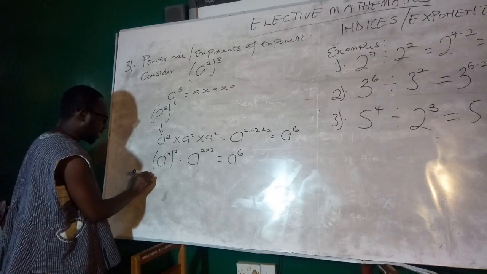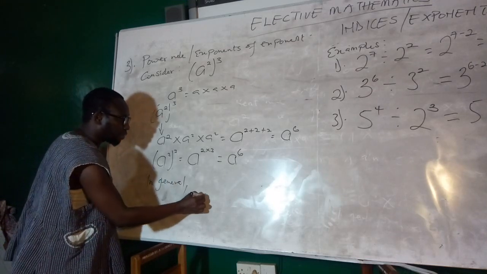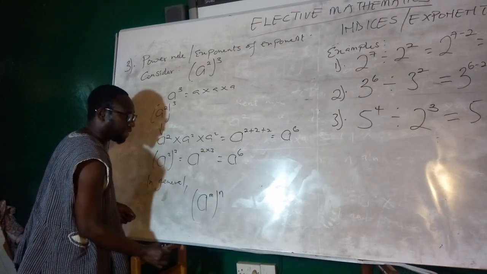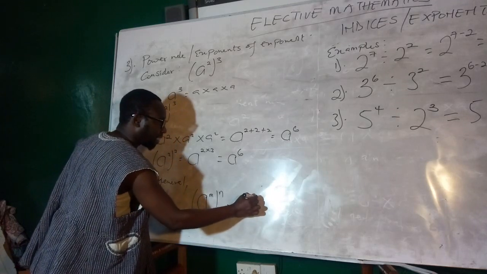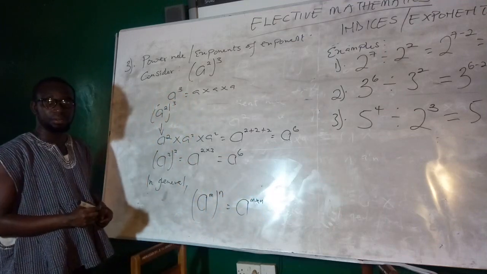So in general, we can say that a raised to the power of m, raised to another power of n, is given by a raised to the power of m times n, as we have over here.